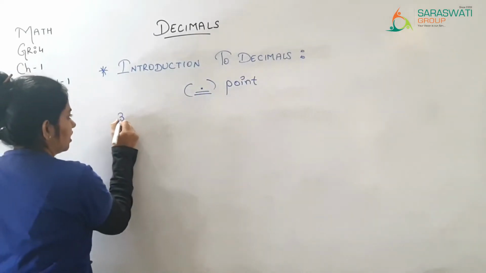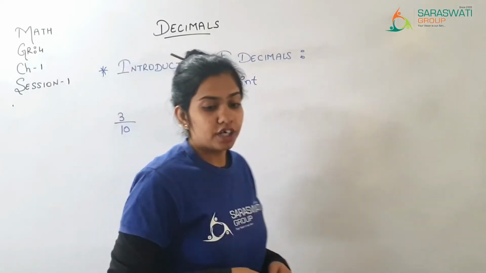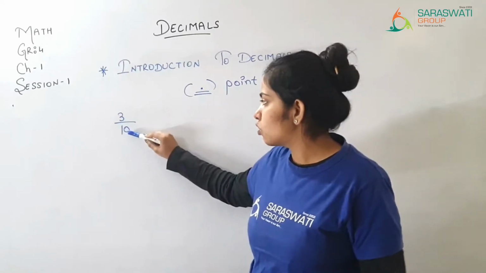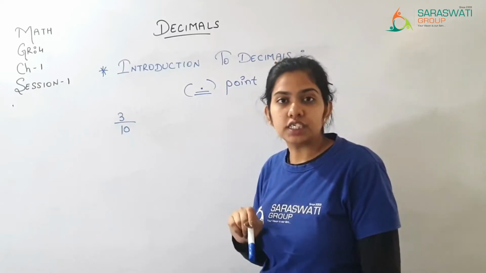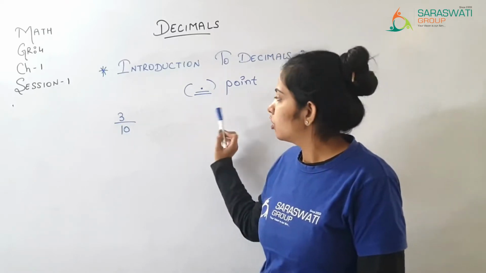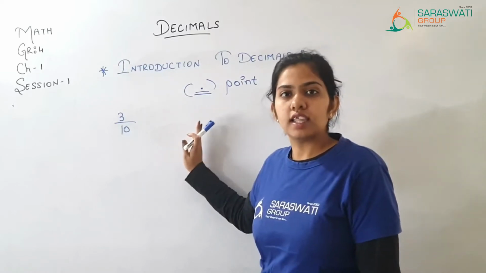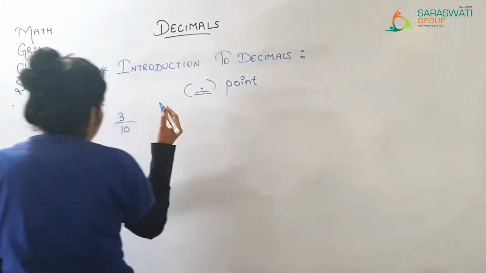Let us see. It is 3 by 10, 3 upon 10. Right? So here it is only 1 zero. From the right hand side we will count 1 and then we will put the point. Right?